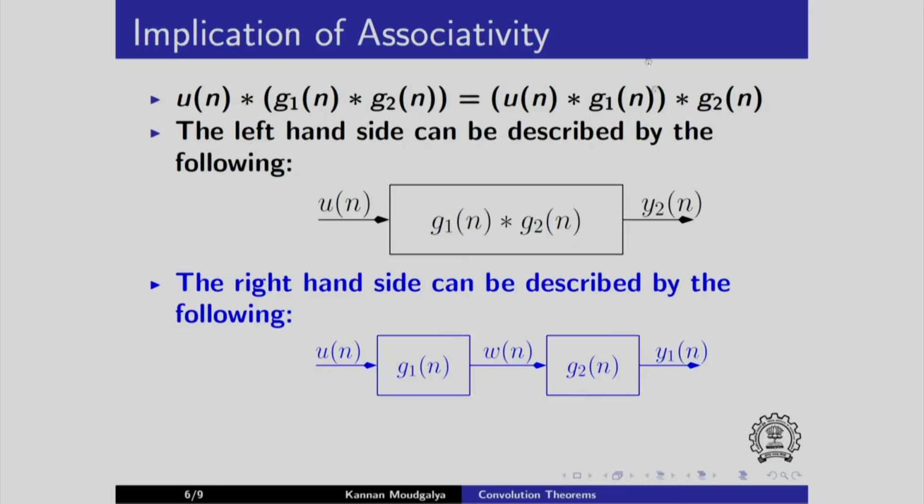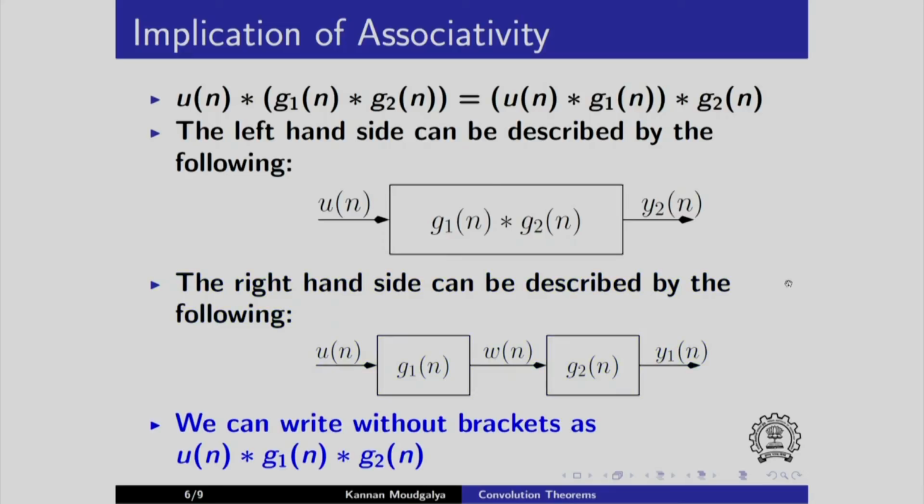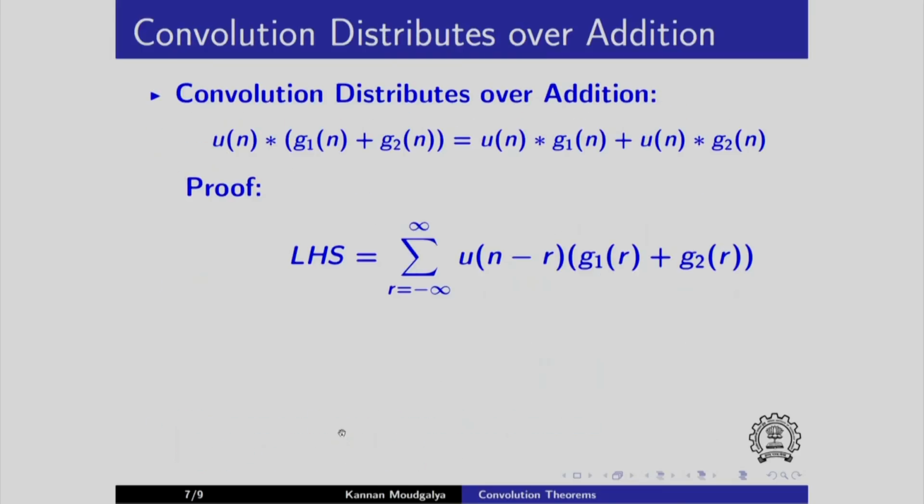So this is y1 of n, this is y2 of n. What we are saying is y2 equals y1. As a result, we can write this without brackets as follows: the order in which we carry out the convolution does not matter.